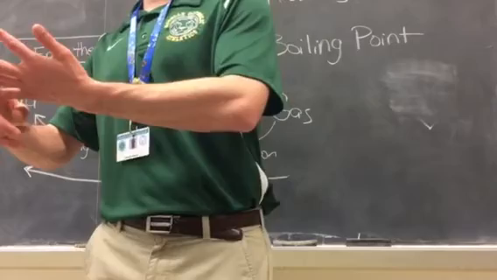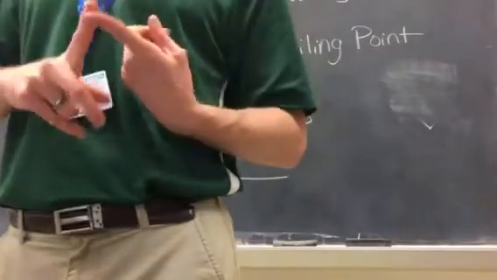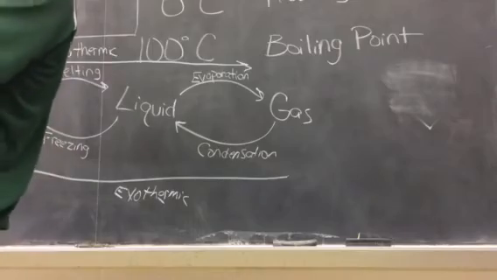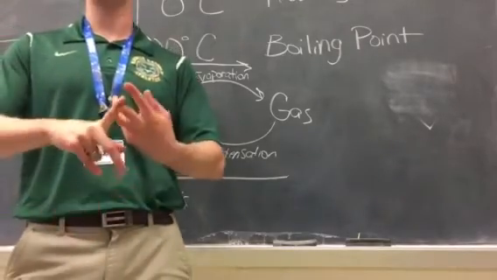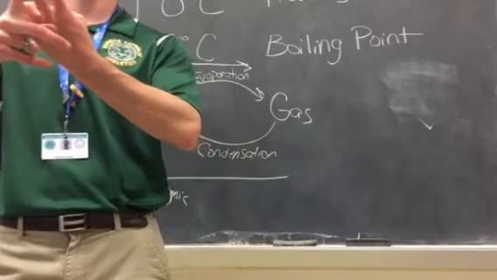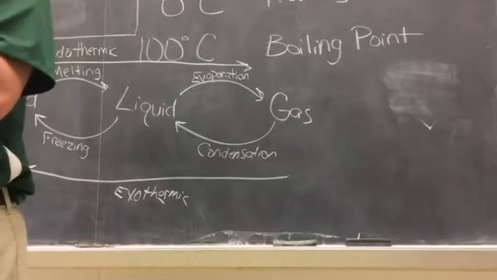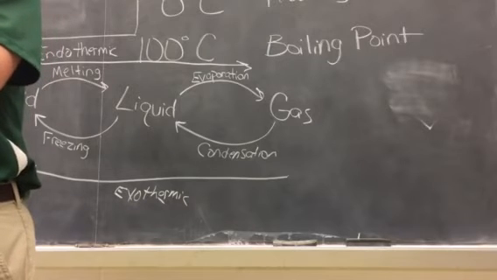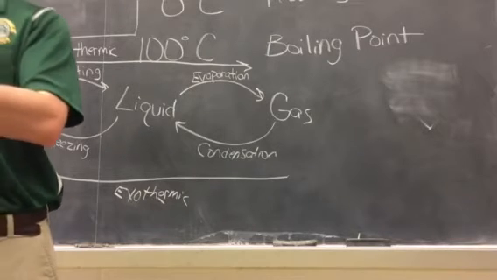So what's a change from solid to liquid called? So we said it before. Melting. Liquid to gas, evaporation. How about gas to liquid? What's that called? Condensation. And then liquid to solid? Freezing.